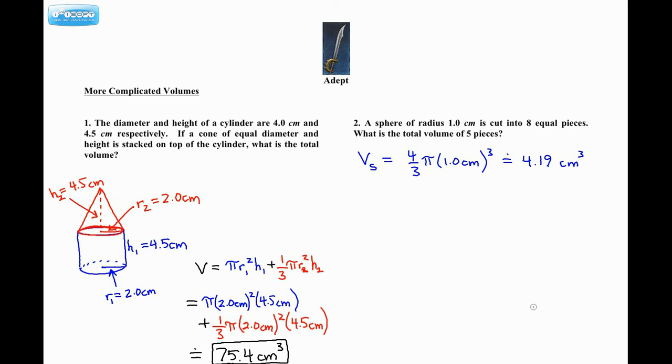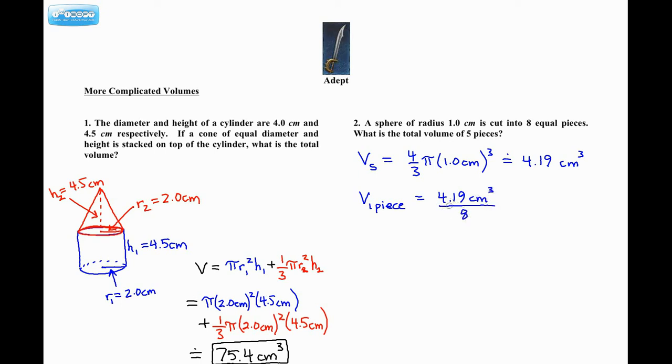And so if we divide it by 8, so this is the volume of one piece. Okay. So that would just be my 4.19 centimeters cubed divided by 8. Now I'm not actually going to use this number here.